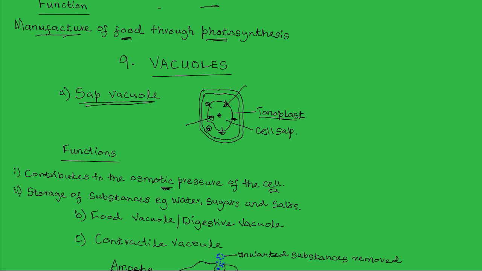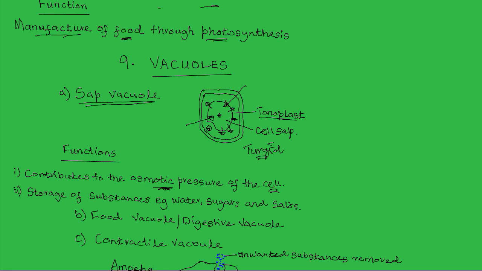Now, this outward pressure as a result of the absorption of water is what makes the cells turgid. So, by contributing to the osmotic properties of the cell and enabling the cell to absorb water, thereby become turgid, subvacuole plays a very important role in offering support to the cell and the entire plant.